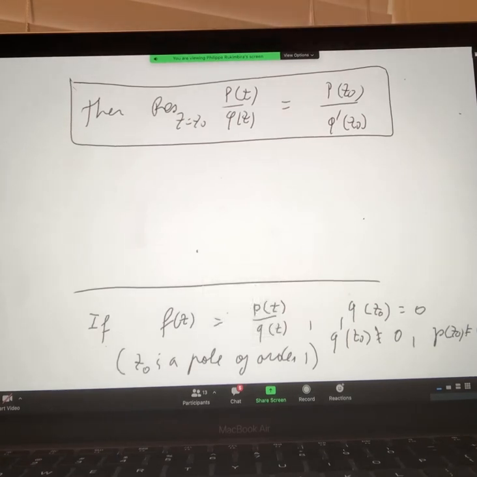So let me again remind you what we have at hand. We have a hyperbolic tangent, e^z minus e^-z over e^z plus e^-z.